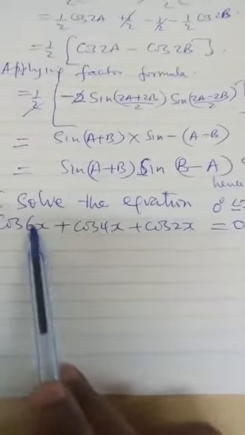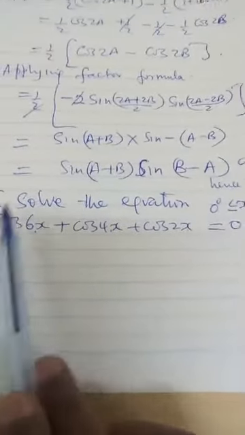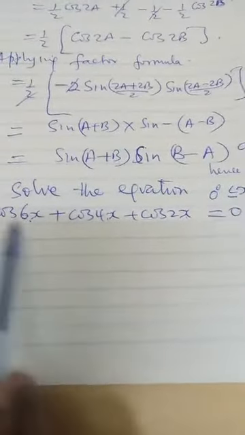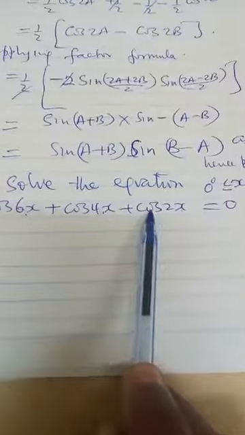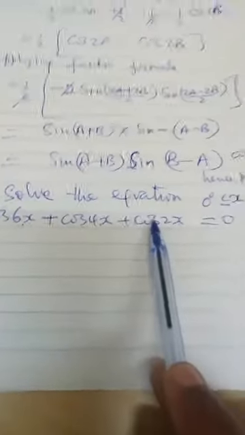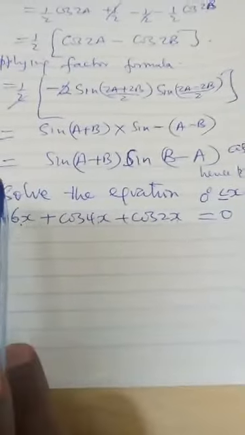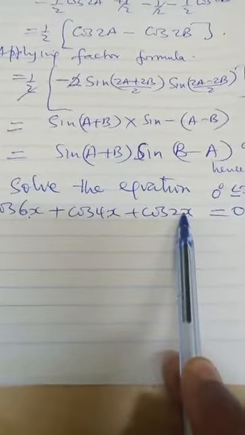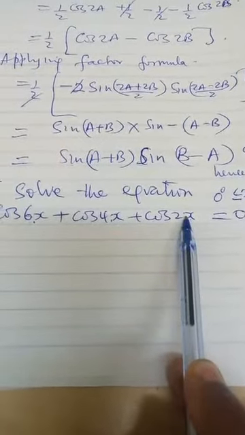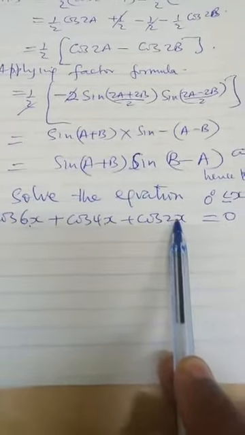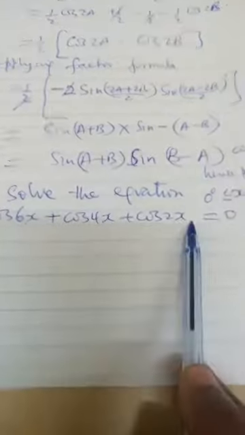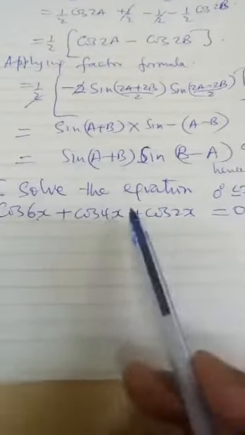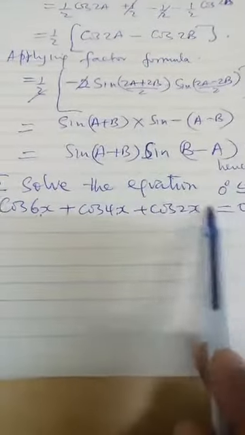If you chose to expand, since it is cos plus cos plus cos, we will look at 2 of these that we will expand and get one as a common factor. If I chose to use 6 and 2, it will give me a common factor of 4x. If I use 6 and 4, when I add, I get 10, I get 5x. When I subtract, I get x. There will be no common factor with this.